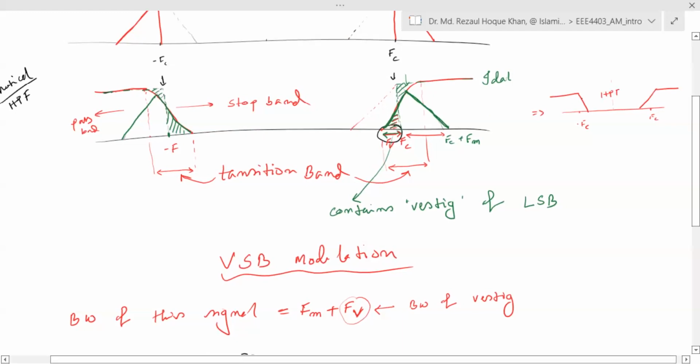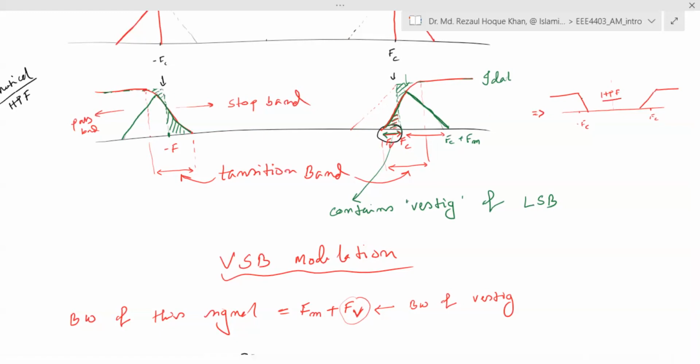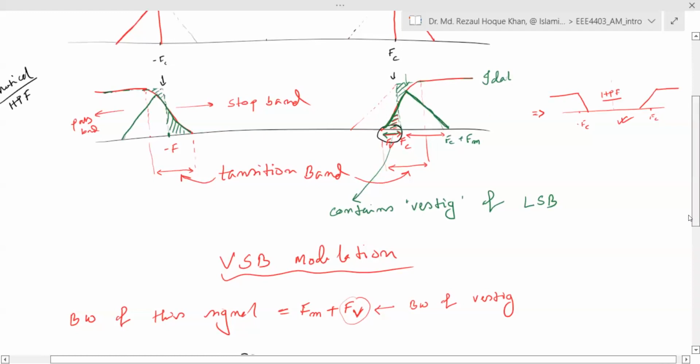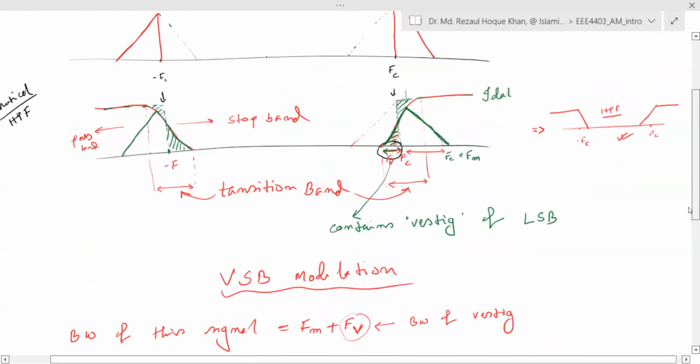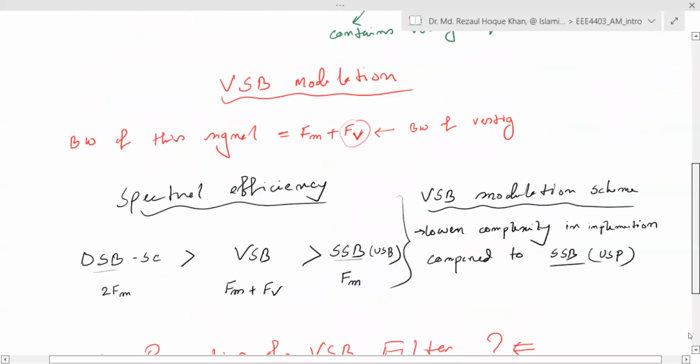So the requirement for the vestigial filter is actually the requirement for this high pass filter. This is the vestigial filter for our case if it's a high pass filter. Now we will look into what properties this filter should have.